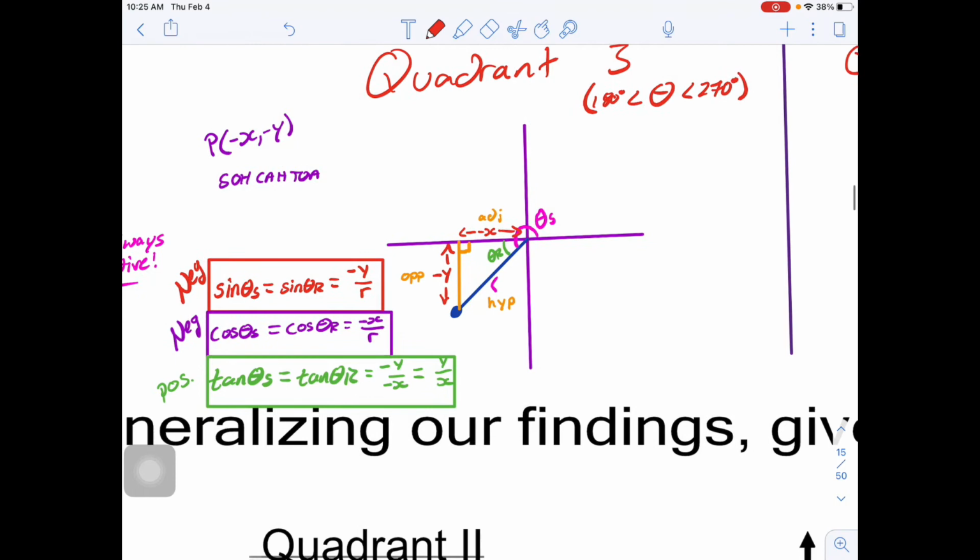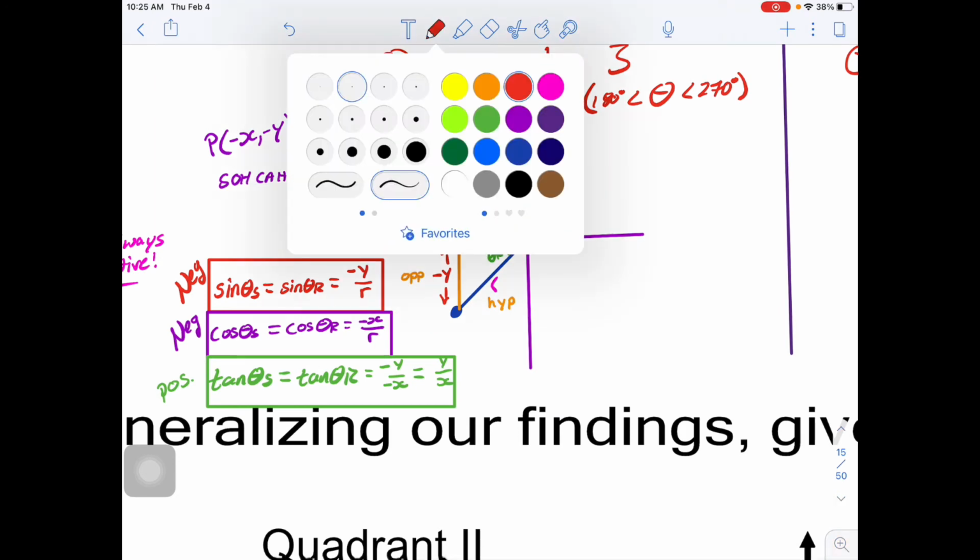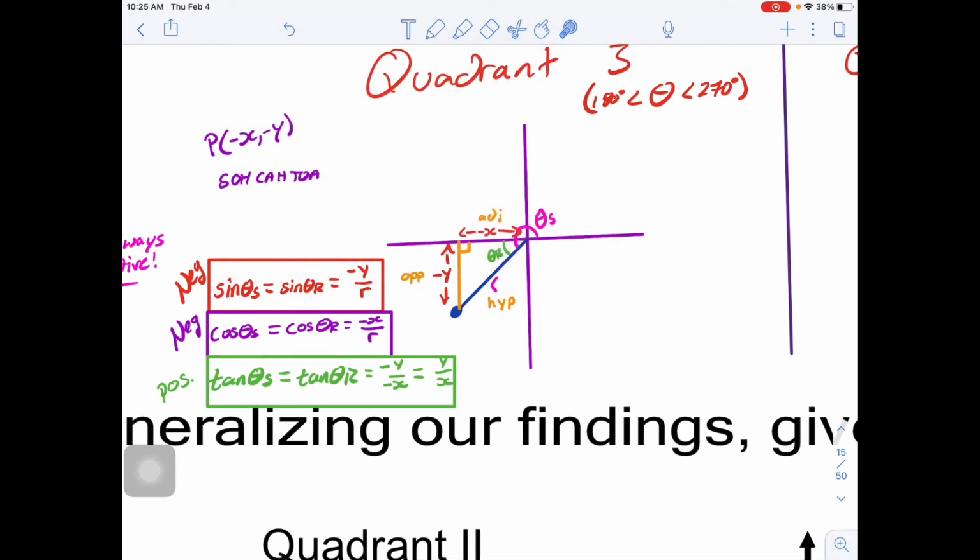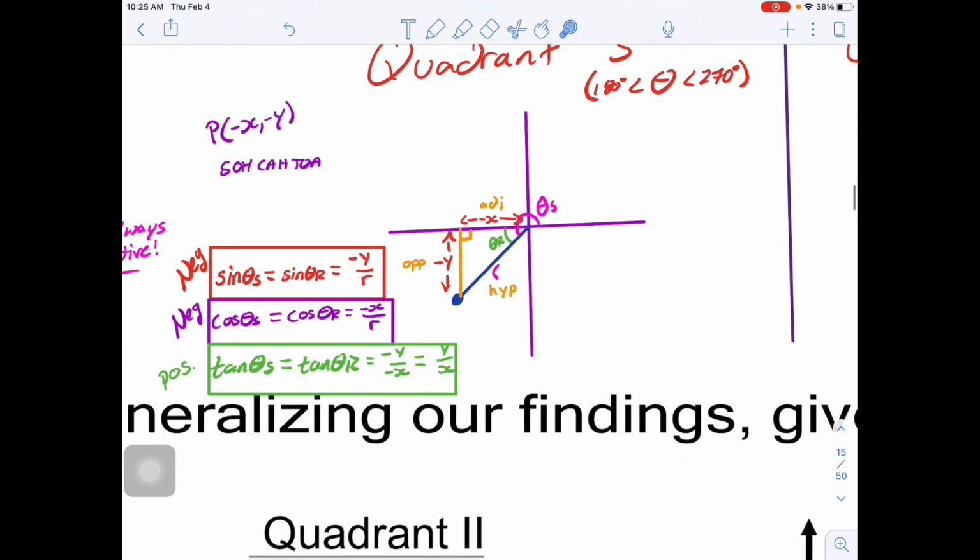Okay, so remember this is 180 here, this is 270 here. When you have something that exists in this quadrant, the only ratio that is positive is the tan ratio. So tan ratio is positive.